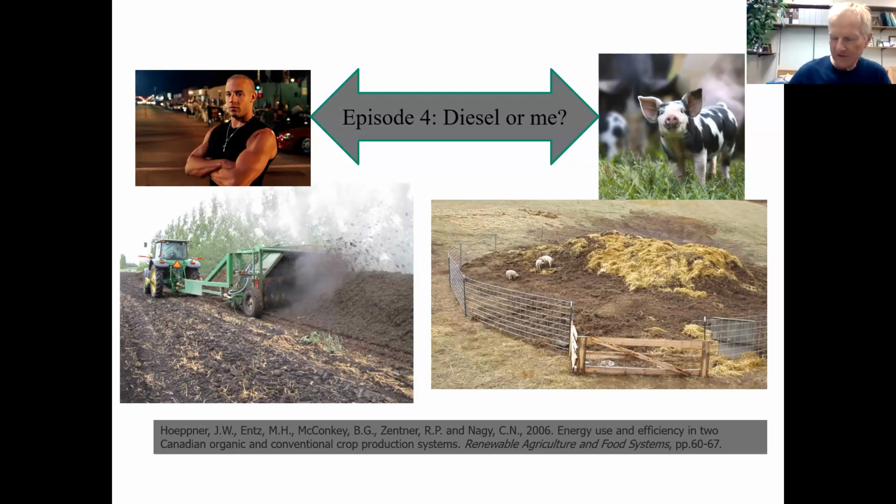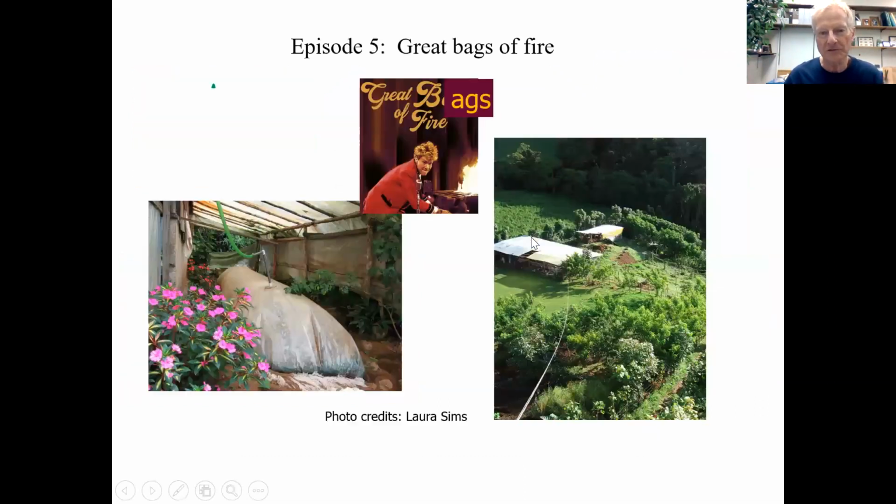And then they let the beef cattle out in the springtime. And during the winter, they had thrown corn seed into the manure pack, and it fermented in the straw. And after the cattle went out, they let the pigs in there, and the pigs turned all that straw because they were going for their fermented corn. And so they composted without diesel fuel. So episode 4, Diesel or Me.